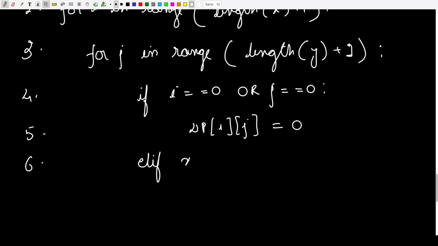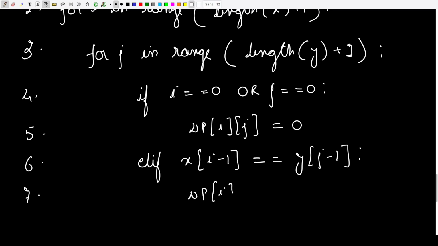Otherwise, if x of i minus 1 equals y of j minus 1, the ith and jth characters are equal, and in such cases the DP table i comma j will be equal to 1, since they match, plus the i minus 1, j minus 1th entry, which is the diagonal entry.